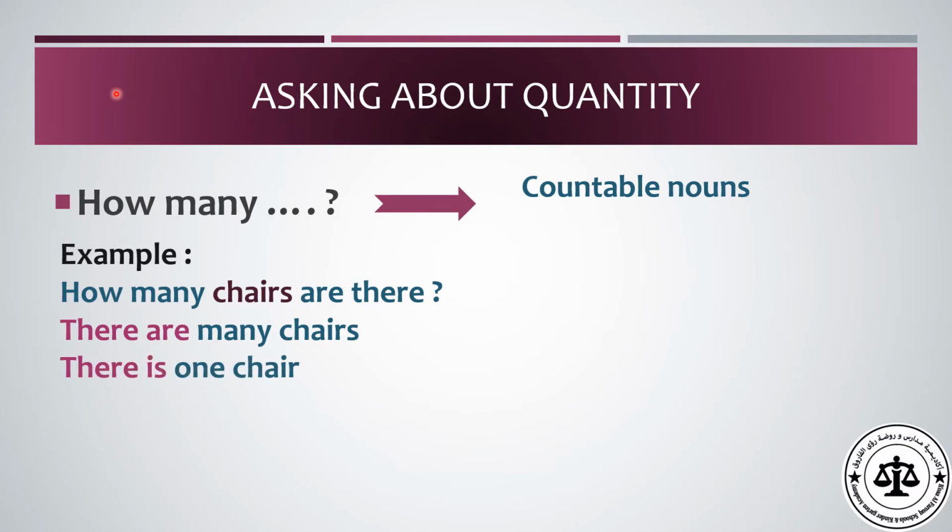So, if we want to ask about a quantity with countable nouns, بنستخدم how many, then the countable noun, وبنحكي is there or are there. الإجابة بتكون ب two forms. إما there are many chairs, as we see here we have a plural noun, and there is one chair we have singular, so we use there is.